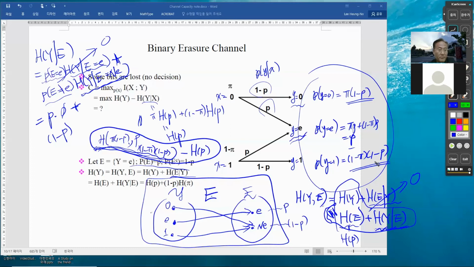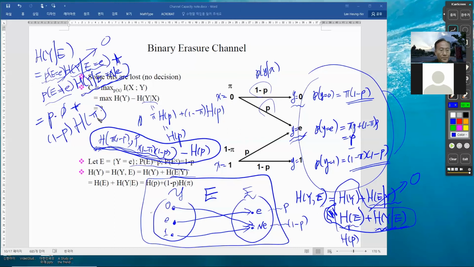And we need to divide it by the sum of the two. The sum of the two is 1 minus p. So the entropy on Y is basically determined to be H(pi), right?